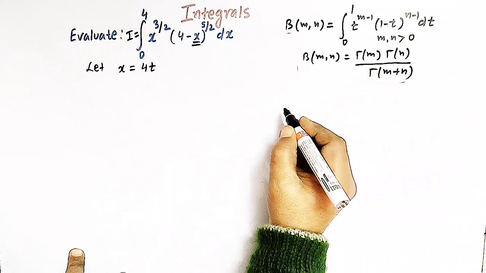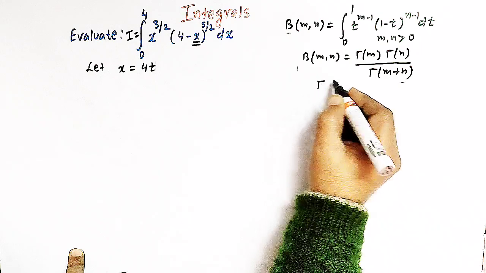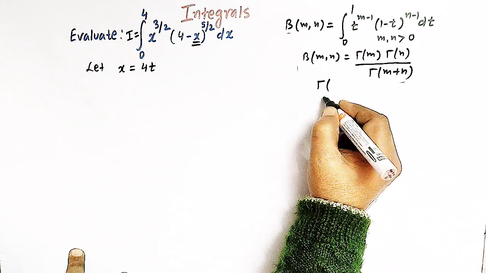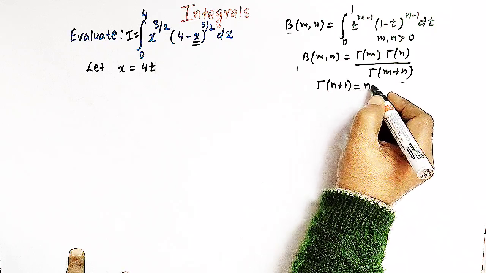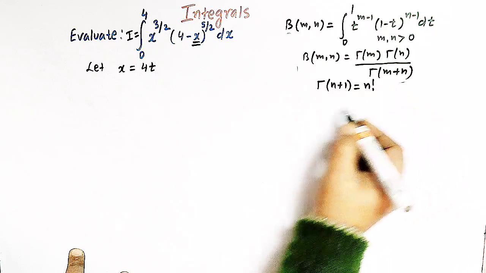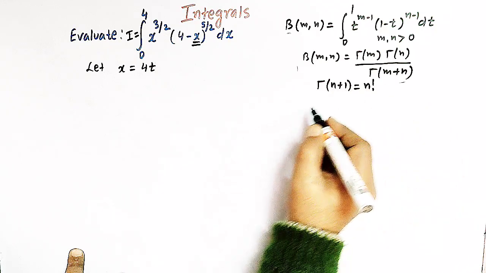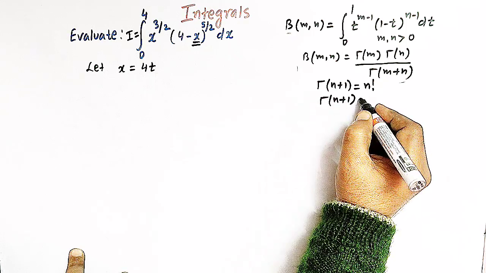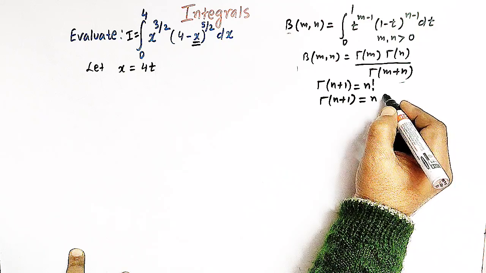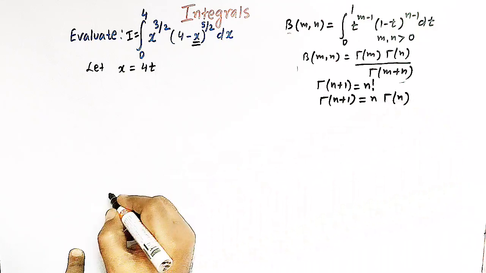Moreover, we'll also utilize these two important results: gamma n plus 1 is given by n factorial, where n is some positive integer, and gamma n plus 1 can also be written as n times gamma n.